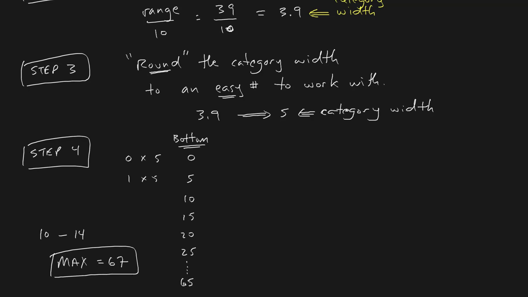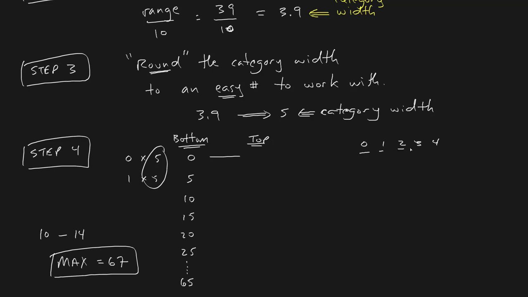So I'm going to stop when I get to 65. And remember, this is the bottom of my category. Each one of these is going to have a width of 5. So not only am I doing multiples of 5 to get the bottom, the width is also going to be 5.